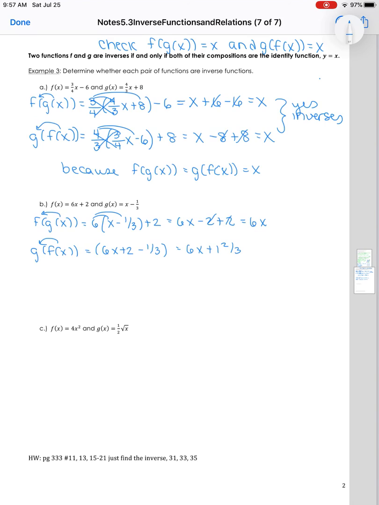It cannot equal anything else. All right, so I would pause and try these last 2. See if you can get it while I do them myself, and then come back and double check.